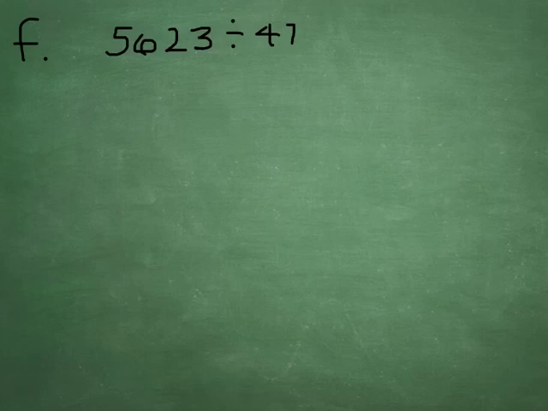If I carry that 6, 9 times 4 is 36, plus 6 is 42. I'm going to subtract, and 453 minus 423 is 30, so I'm going to have a remainder of 30 over 47, and that would be my final answer.